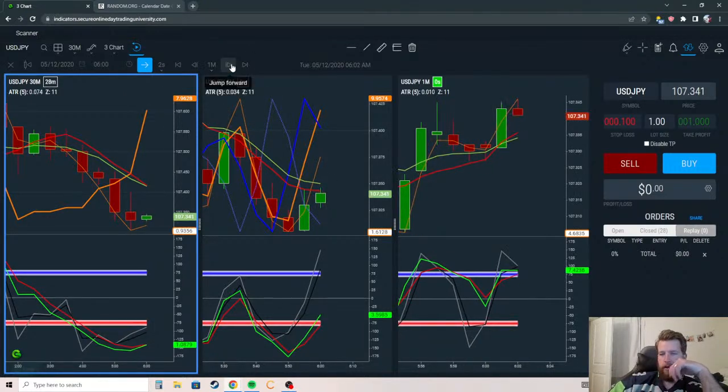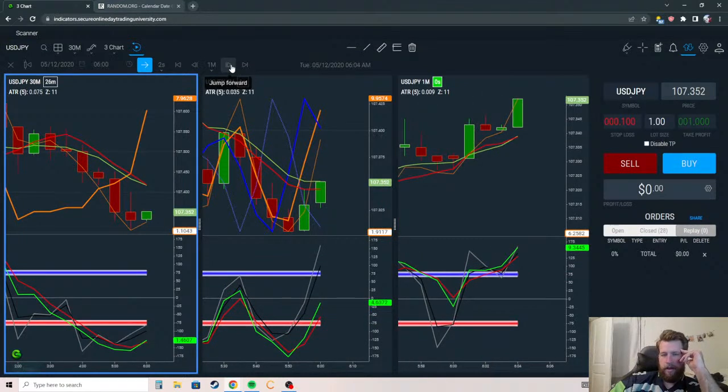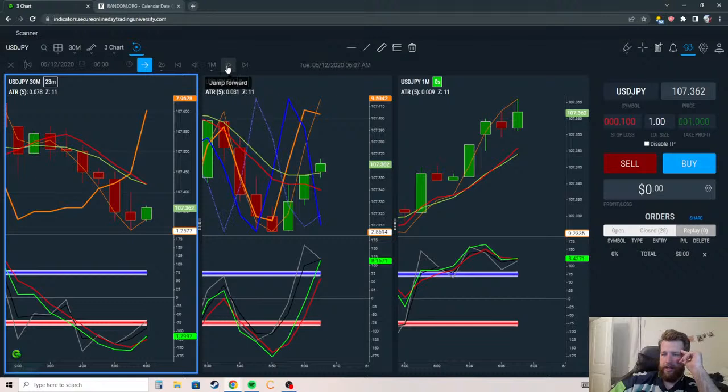Let's see. TNTs are definitely acting bullish. We almost posted. I have a Hydra. Let's wait for a nice bullish signal on the 1 minute before we go ahead and hop in.